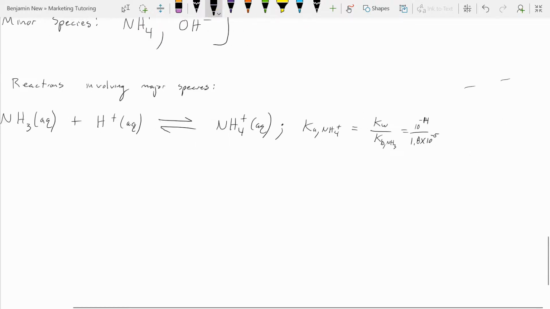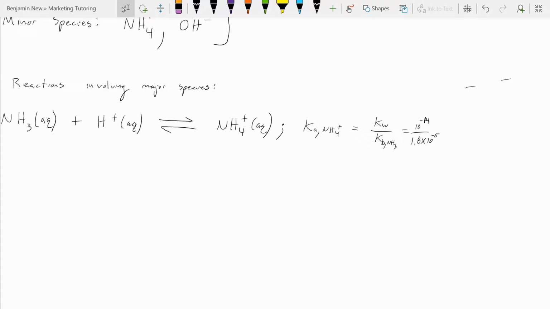Typing that into my calculator, we get 5.6 times 10 to the minus 10. So very small.